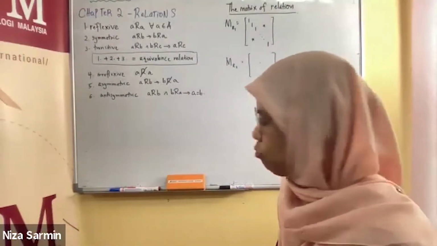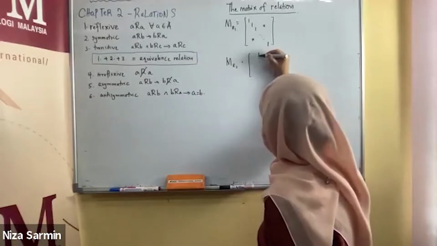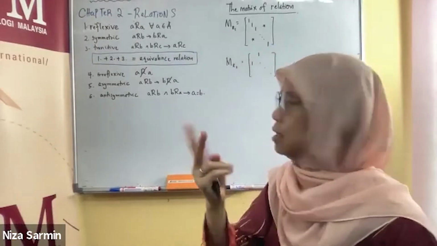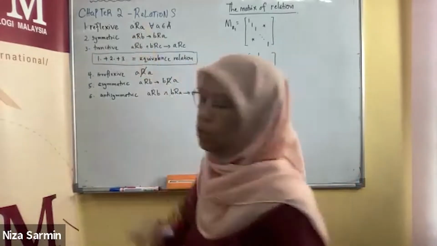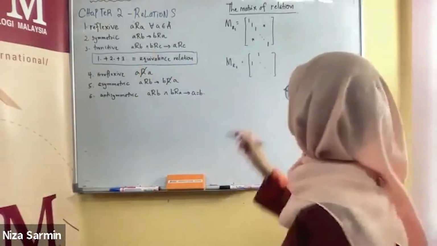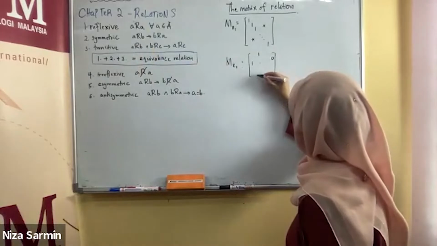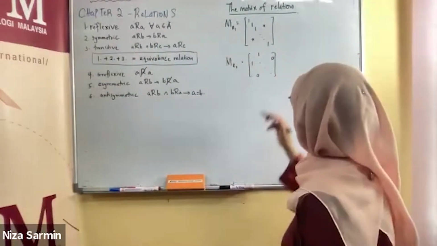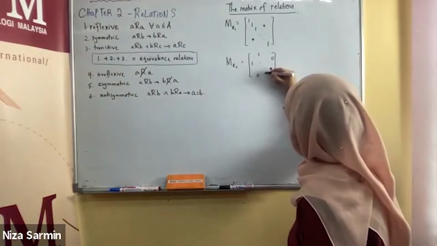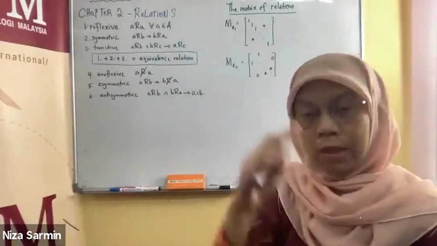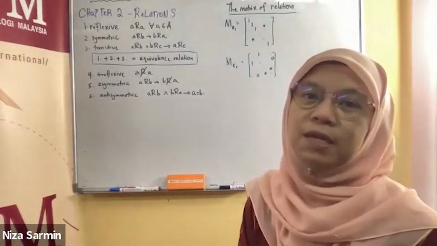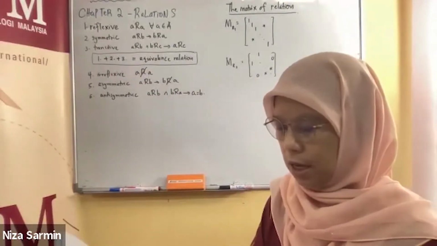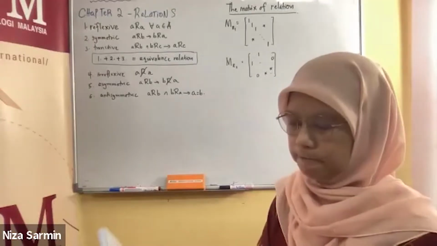But if you have 1 here, you have to have 1 there. They both have to be. If you have ARB, then you have to have BRA, and vice versa. Meaning if you have 0 here, you have to have 0 there, symmetrically. Or in general, if you have a star here, then you have a star there. And the diagonal is like a mirror. Okay, that's symmetry: Mij is Mji.